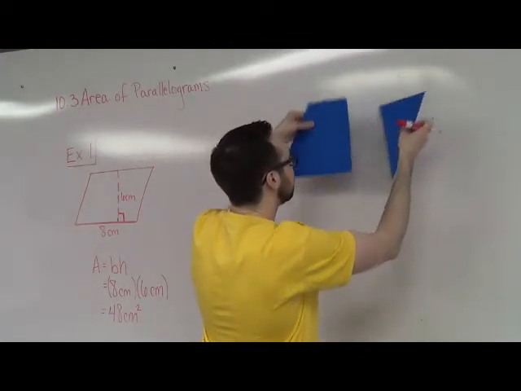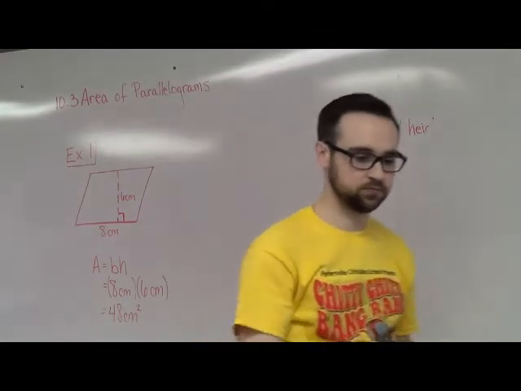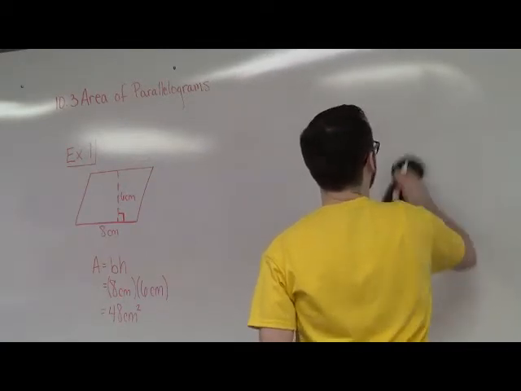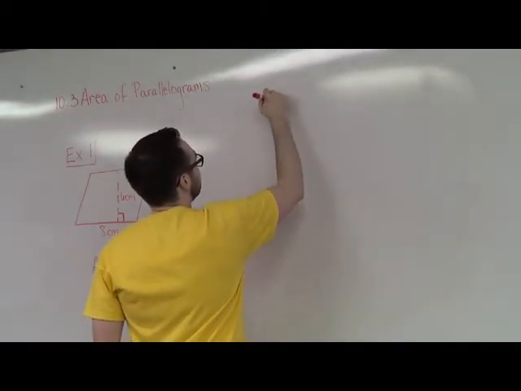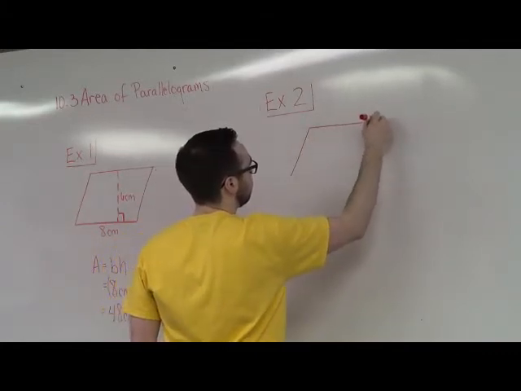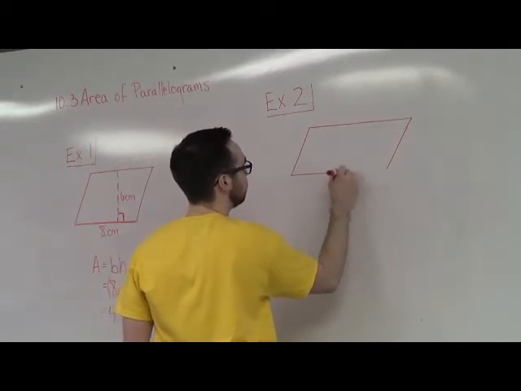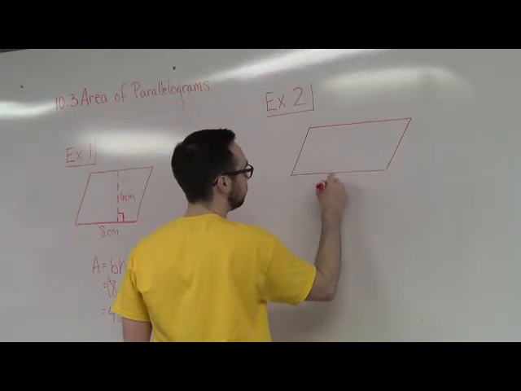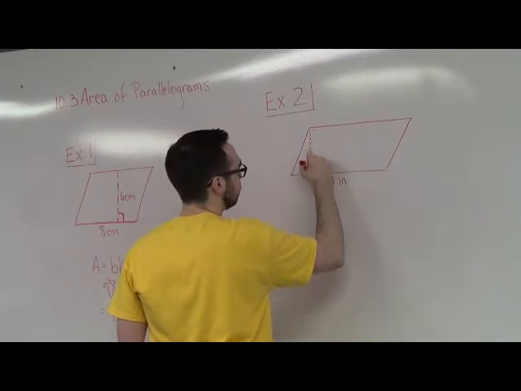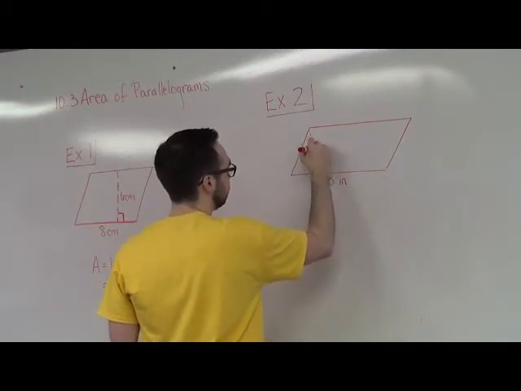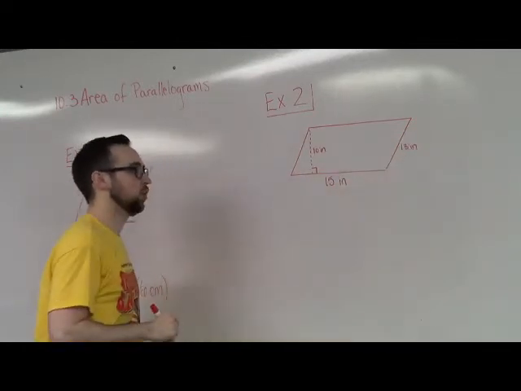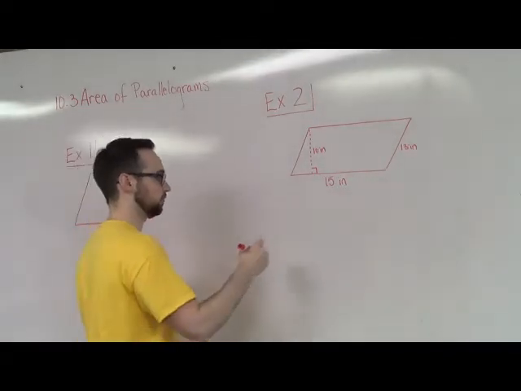So if I were to show you another example of how this is different from other things, let's look at another one. We want to find the area of this parallelogram.